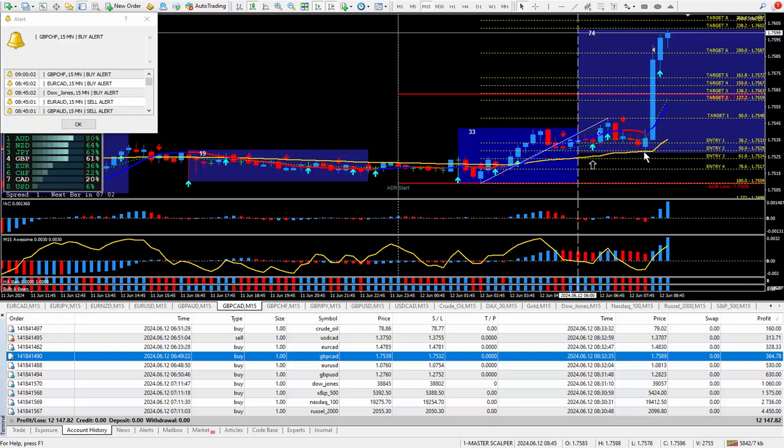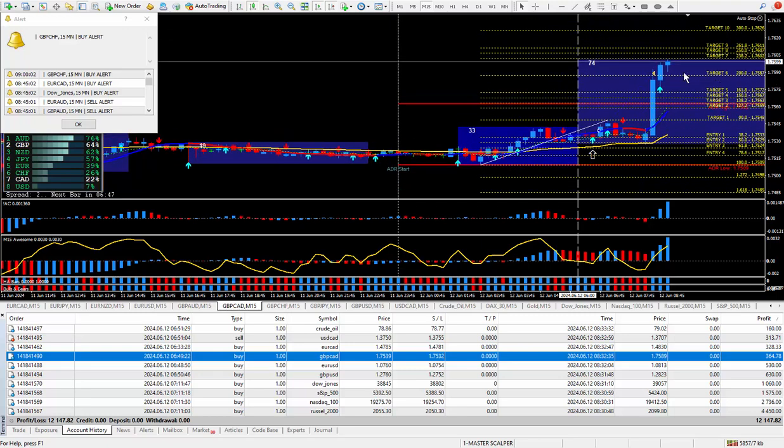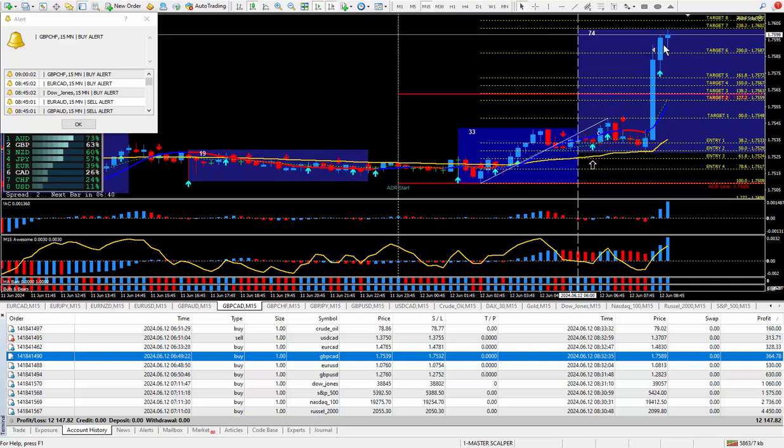It hit right here, entry 2. So if it hits the entries, it'll usually, not 100% guaranteed, but usually hit 2, 3, 4, 5. And you'll notice on many days, it'll just keep going and going. It's already hitting target 7. But anyhow, it's a wonderful tool.